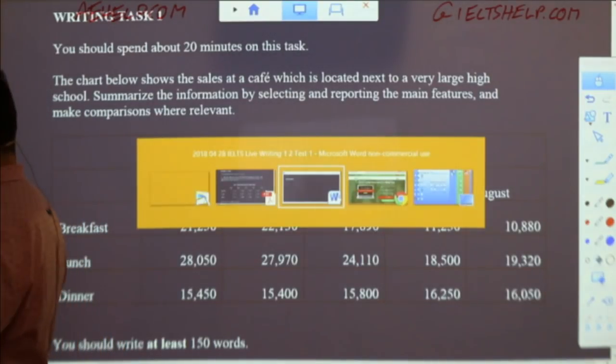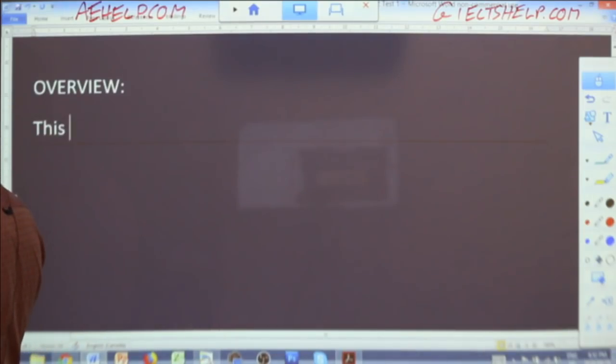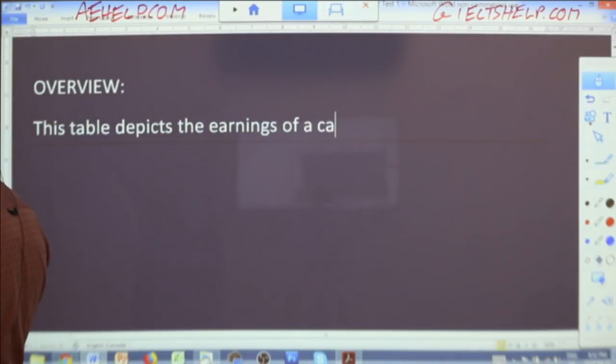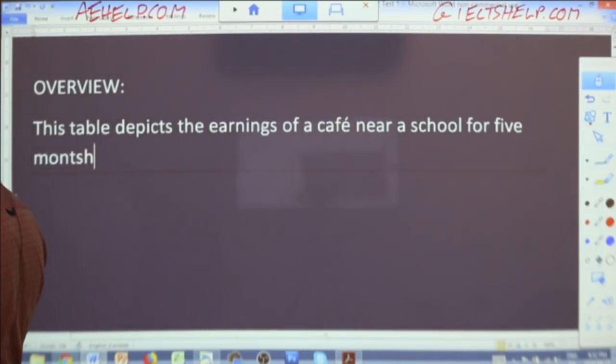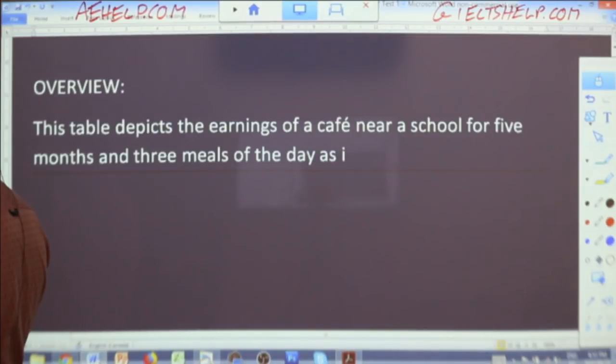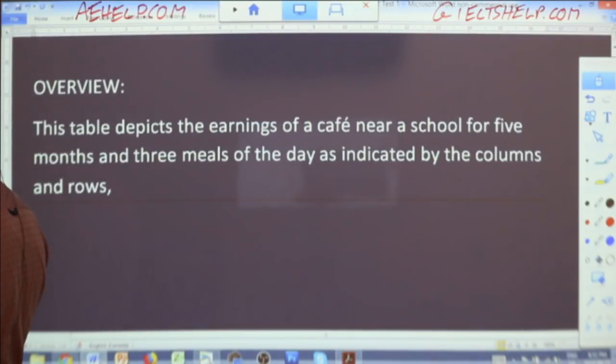So here we can say something like, this table depicts the earnings of a cafe near a school for 5 months and 3 meals of the day as indicated by the columns and rows respectively.